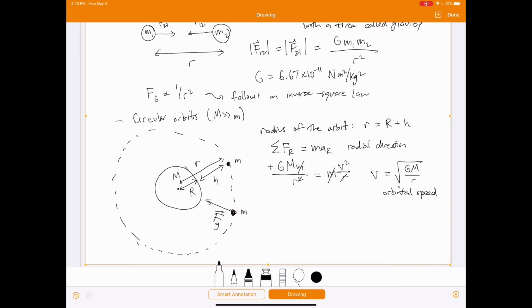Okay, there's actually another way we can think about the orbital speed. It's the distance we travel divided by the time it takes us to travel that distance. If we're talking about a circular orbit, well, the distance is 2 pi r. And the time, I'm going to call that capital T, that's what we call the period of the orbit.